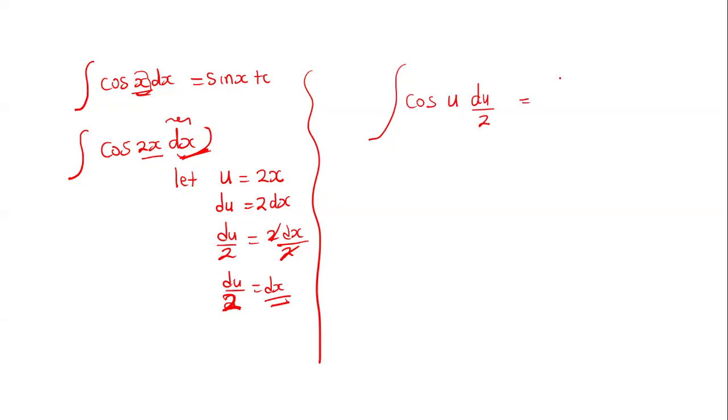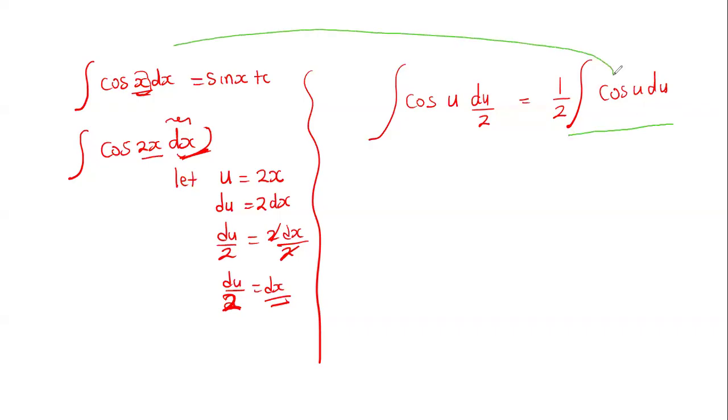Now, this one, I can write it as 1 out of 2 integral of cos of u du. Now, I want you to relate very well. When you look at what we have here, it is the same thing like what we had here. The only difference is this was x, yet now here we have u. So that means that when we integrate cos, we shall get sine u.